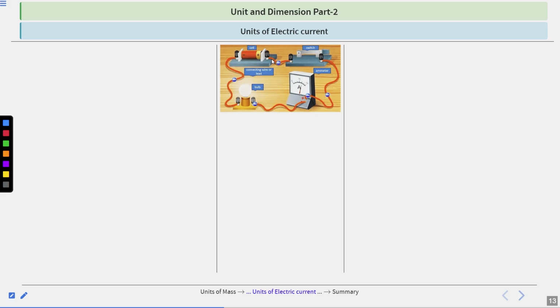Now the unit of electric current. The ampere was adopted as the unit of electric current in 1948. Many times I have seen people get confused between electric current and electric charge. So let me clear that up.